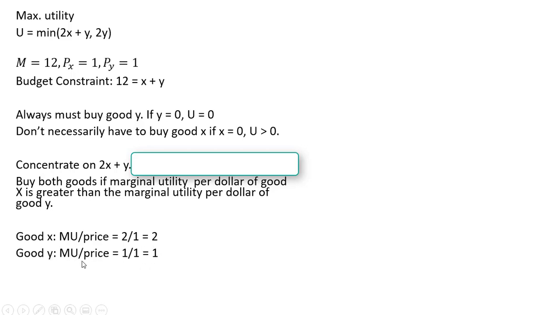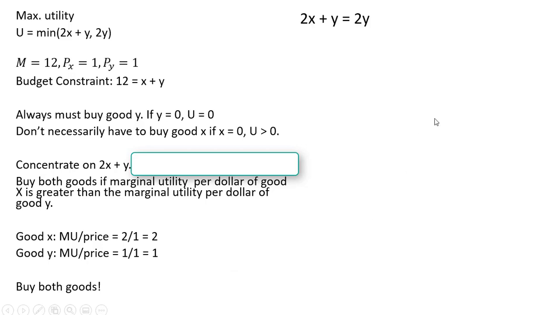And for good Y, the marginal utility is the coefficient on the Y variable, which is 1, divided by the price, which is also 1. So the marginal utility divided by the price for good Y is 1. Here we have an indication that we're going to be buying both goods because the marginal utility per dollar of good X is greater than the marginal utility per dollar of good Y.